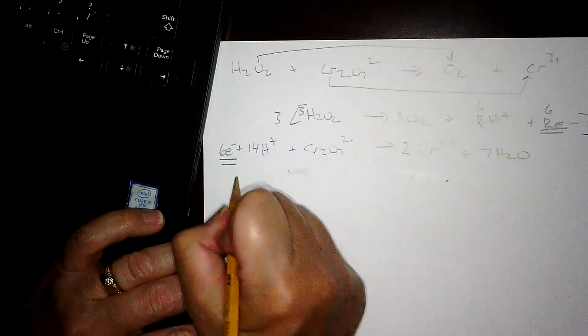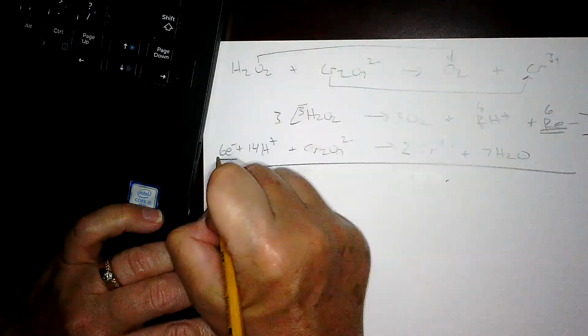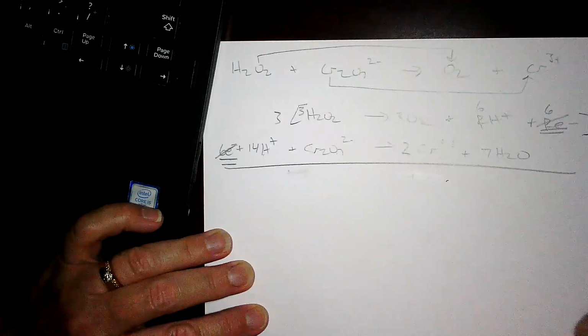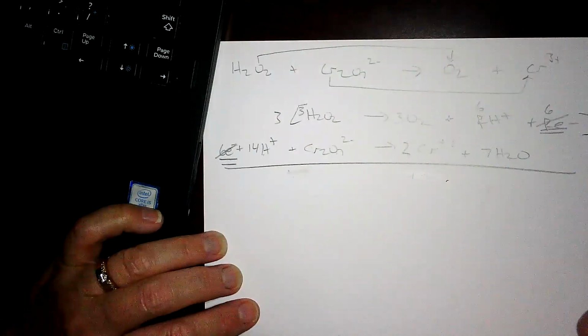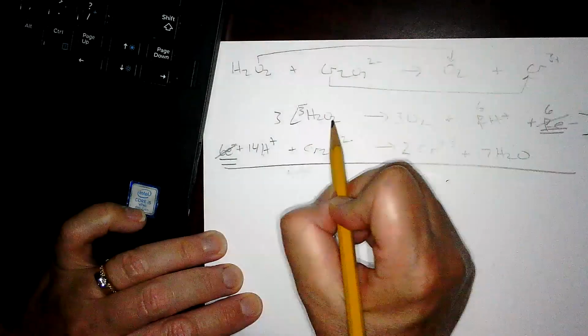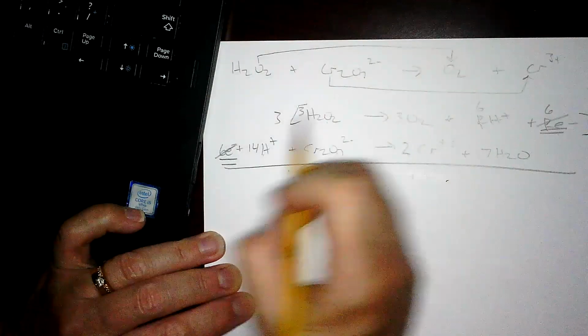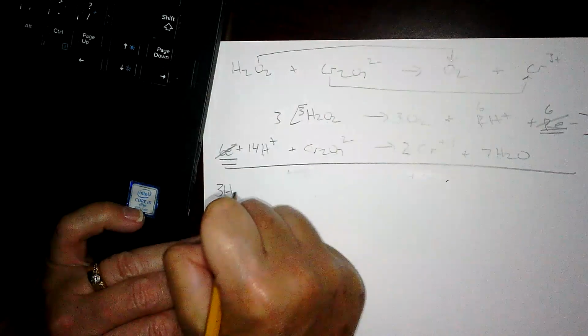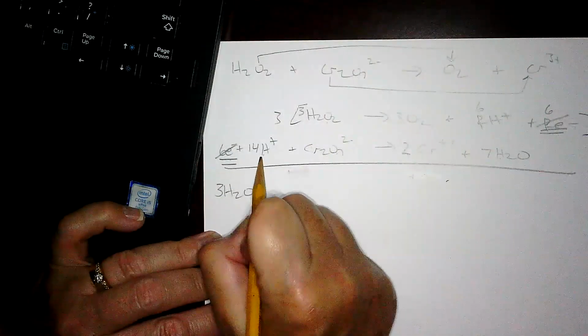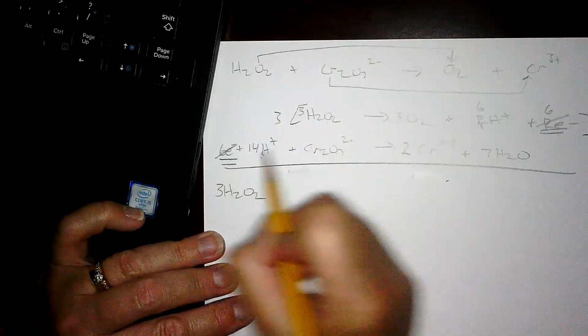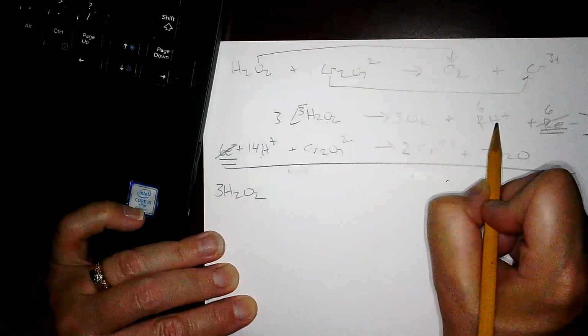Okay, now electrons gained equal electrons lost. That's always going to happen that way. Okay, we've got 3 hydrogen peroxide. We've got 14 hydrogens here, and we've got 6 hydrogens here.